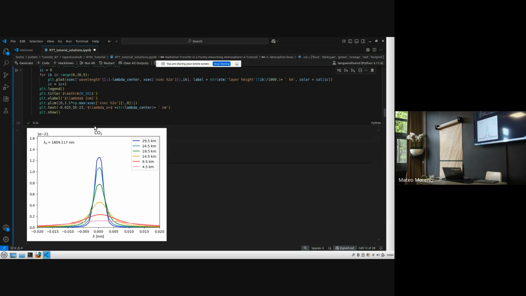That means the lifetime is shorter, and that means that you get an uncertainty in the energy level definition. That's what we call pressure broadening or collision broadening. And then physically, there's another effect, Doppler broadening, that takes place a bit higher up in the atmosphere. I've calculated these cross sections for you already, keeping this in mind. But we see it in the data.